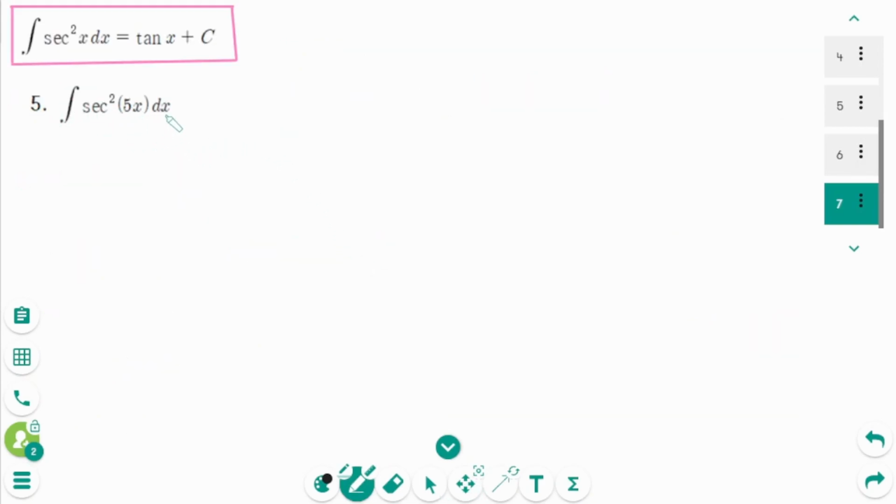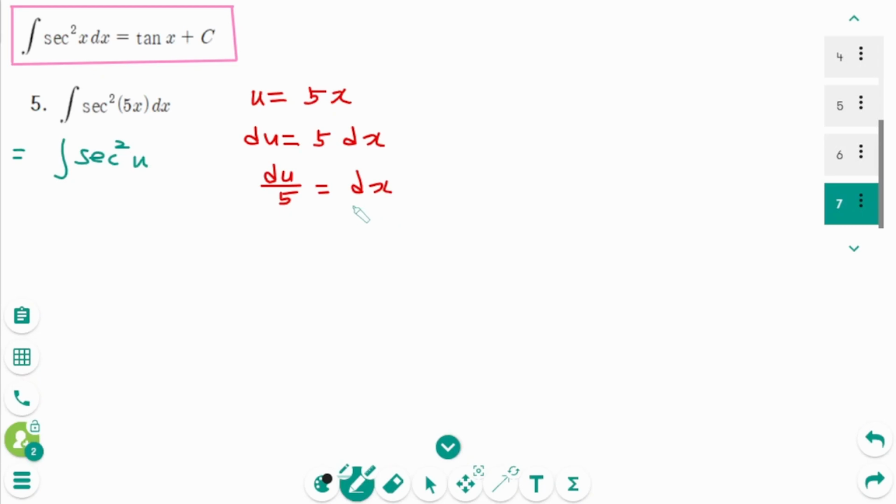Use u-substitution. Let u equal 5x, then du equals 5 dx. Divide by 5 on each side: du over 5 equals dx. Back to the original, the integral of secant squared 5x is u, dx equals du over 5, so we have 1 over 5.